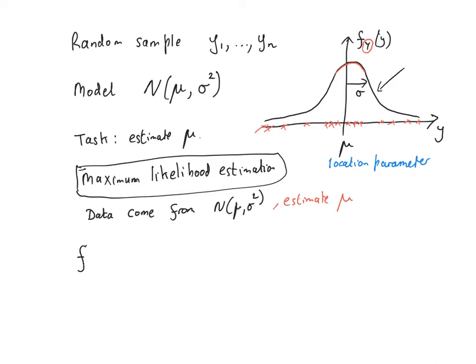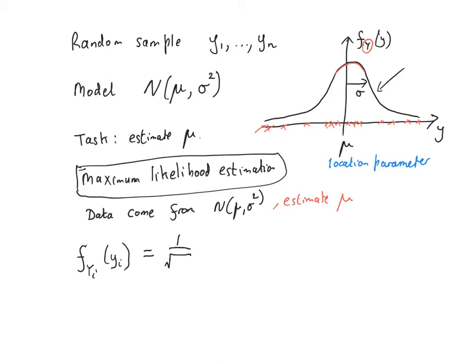So we're going to write f subscript Yi of yi. That's the probability density function for the ith data point yi, and that's the probability density function of a normal distribution with mean mu and variance sigma squared. So that takes the following form.